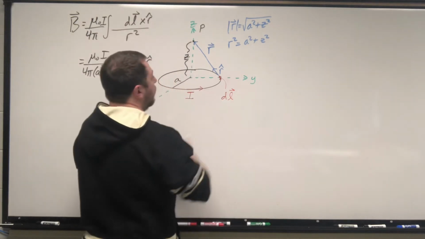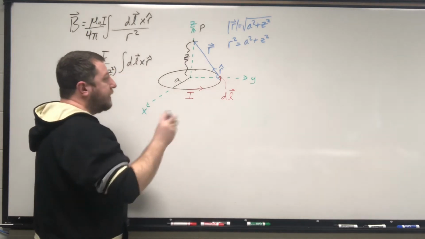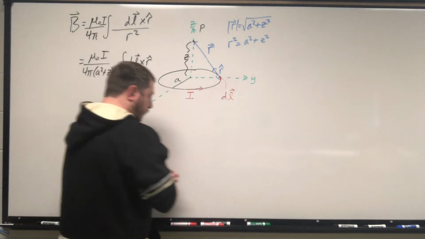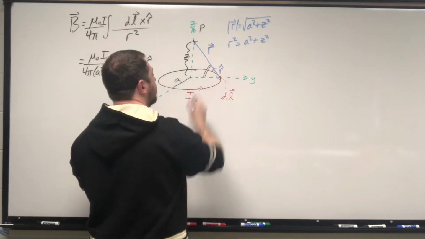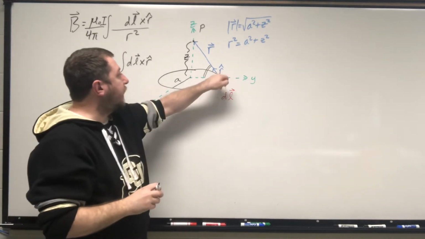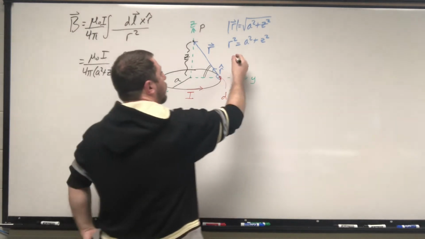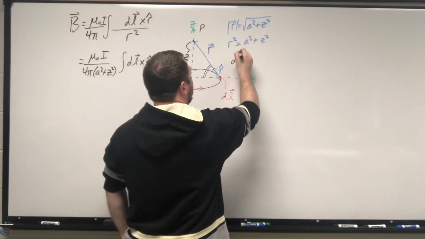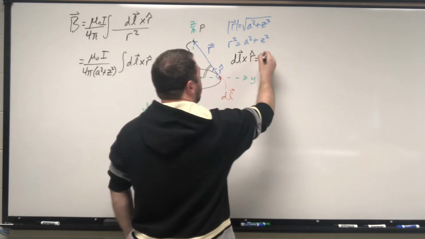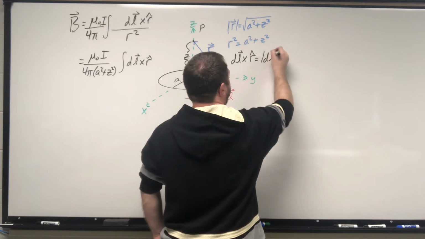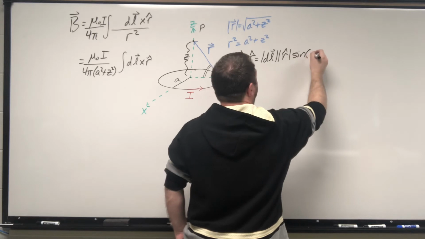So this angle right here is a right angle, and that's in contradistinction to this angle that r makes with the y-axis. Okay, those two angles are not the same. But this is the angle between dl and r hat, and it turns out it's 90 degrees. So what that means is that dl cross r hat, we can write this once again as dl magnitude times r hat magnitude times the sine of the angle between them.